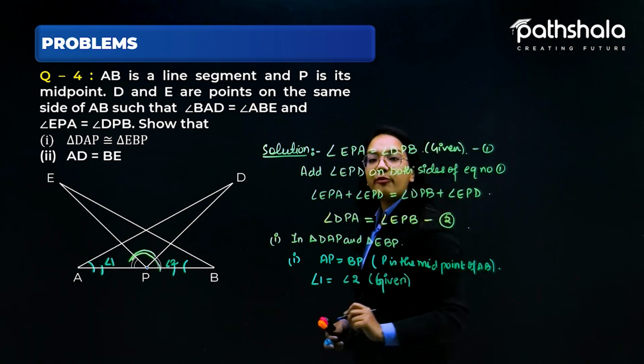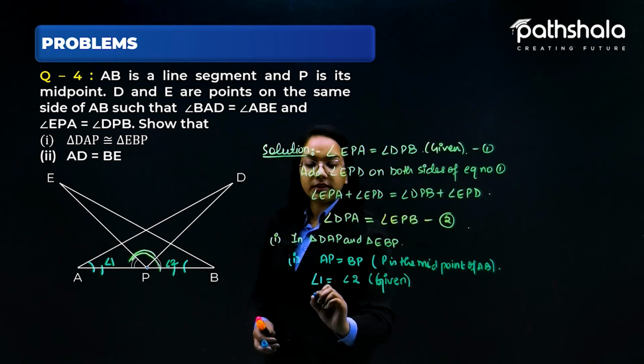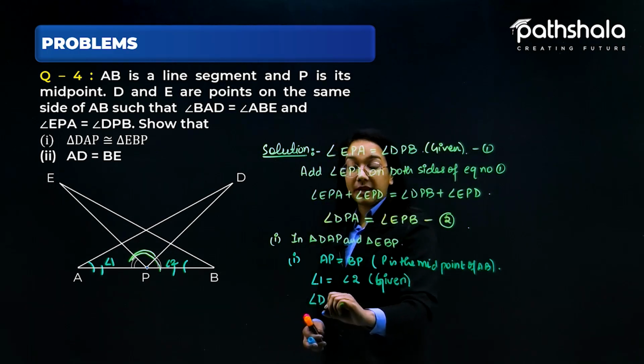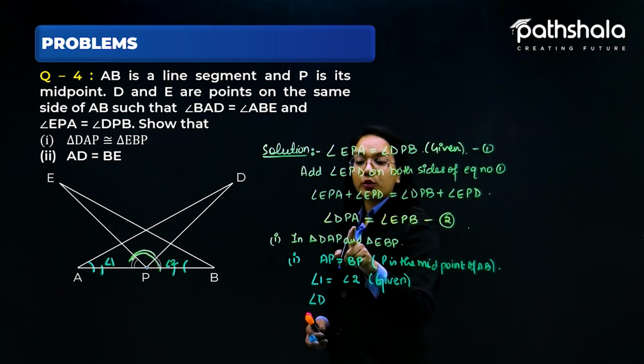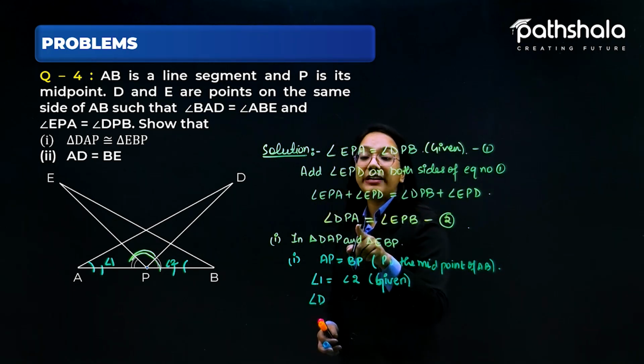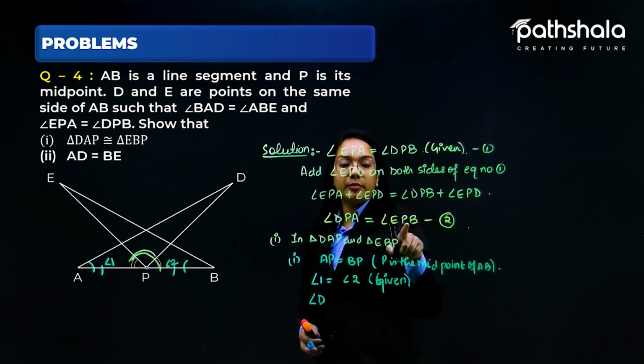And now further we have proved that angle DPA, or we can also say APD, is equal to BPE.